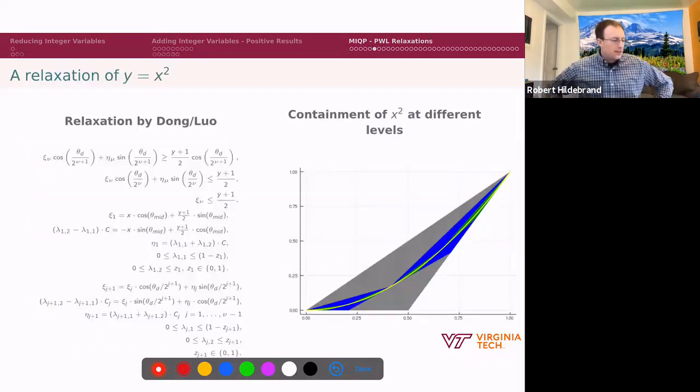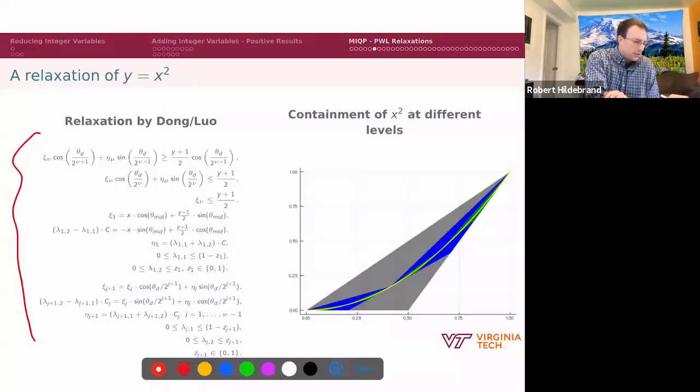Okay, so the inspiration was this Dong and Luo paper. And what they'd done is come up with some large mixed integer programming model that approximates the function Y equals X squared. And so here's the function Y equals X squared.